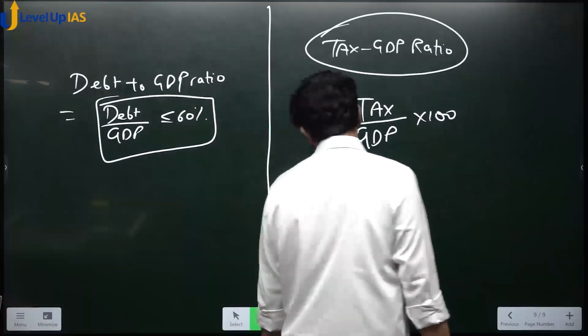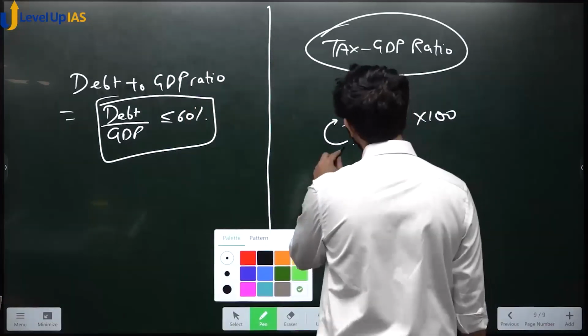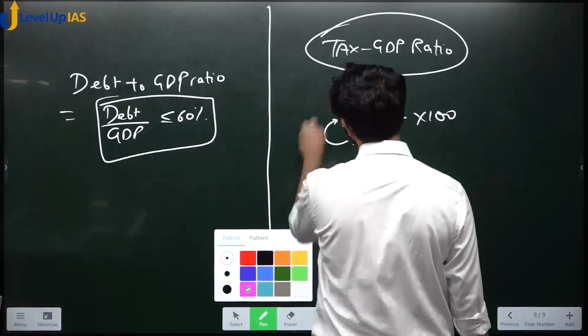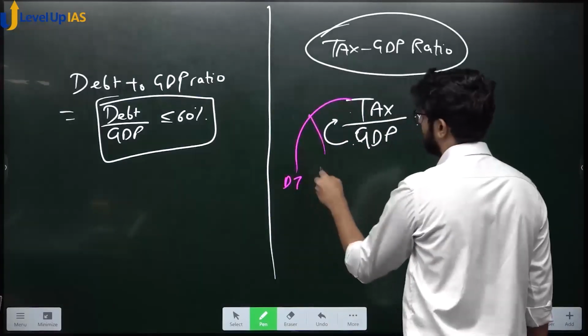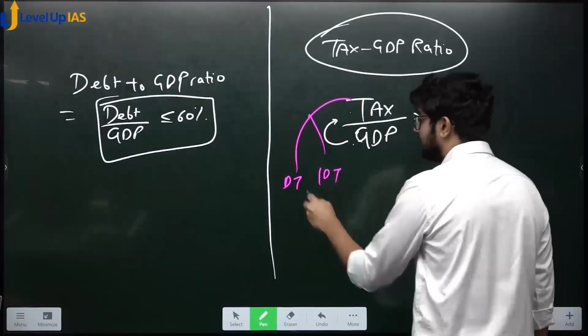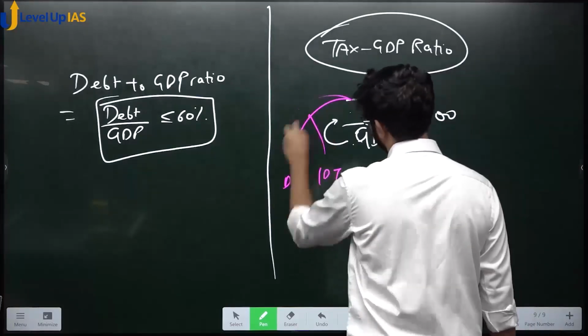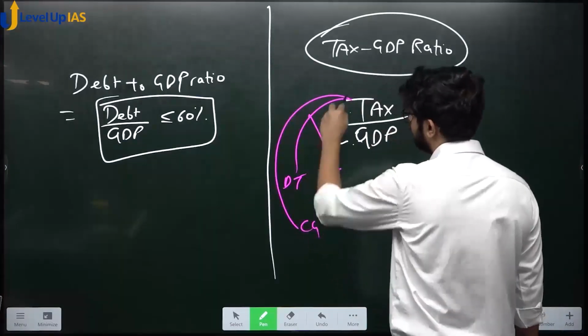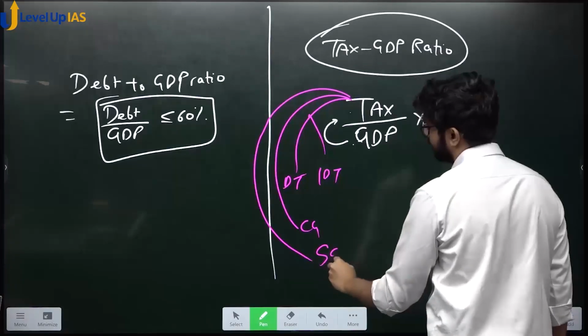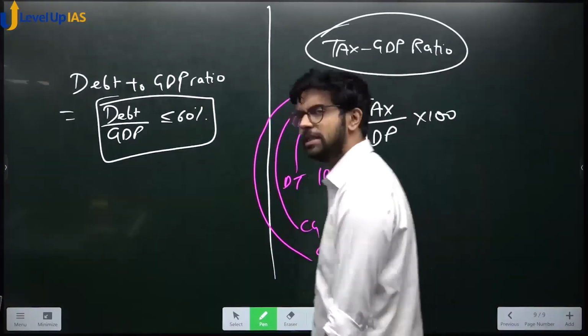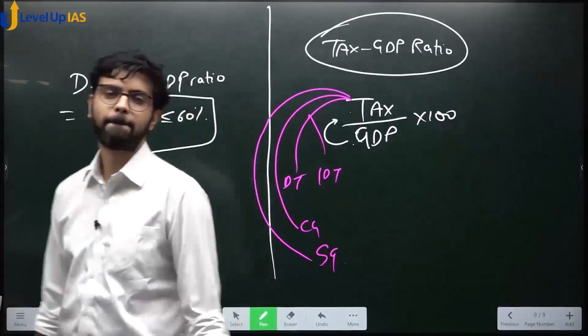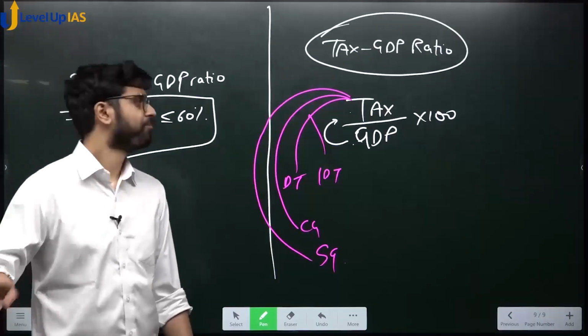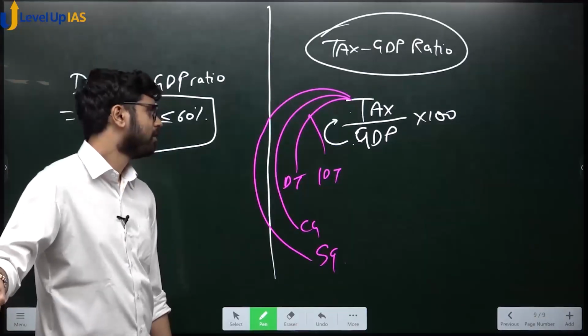Now, this tax to GDP ratio, this tax will have both direct taxes, indirect taxes, taxes collected by central government, taxes collected by state government. Yes or no? Simple. Right?